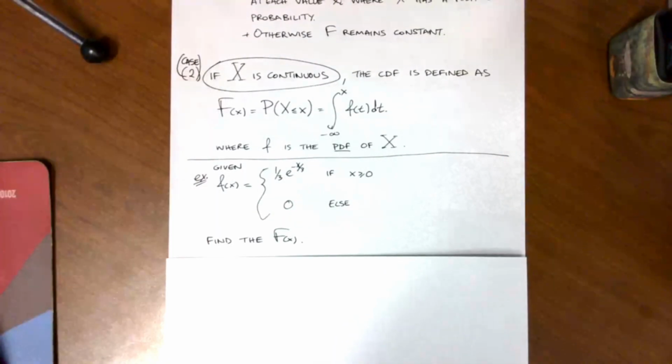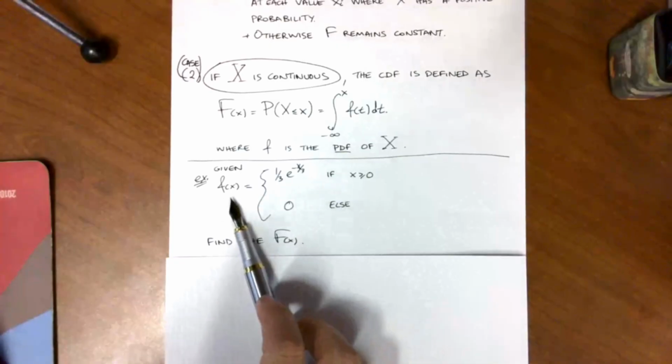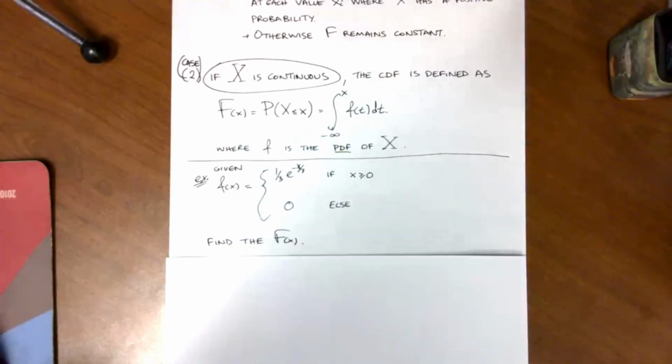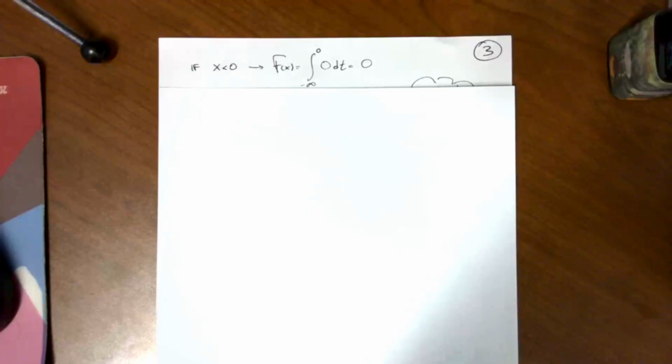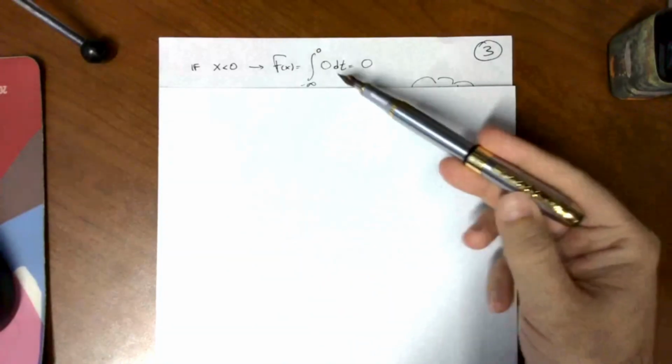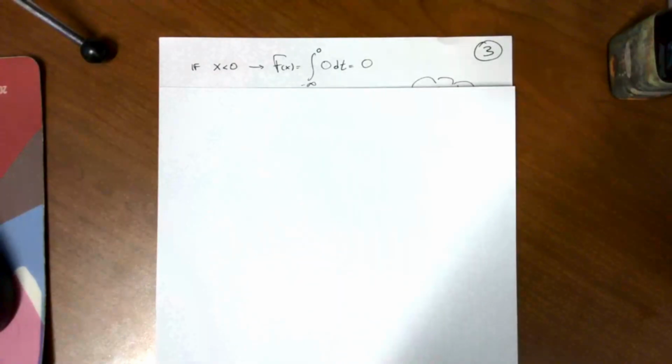So the question here is, what is the cumulative distribution function given that you have this particular form of the PDF? Here's a way to think about the solution. For x values less than 0, you're simply integrating the function of 0, because the PDF, your lowercase f of x, is equal to 0.